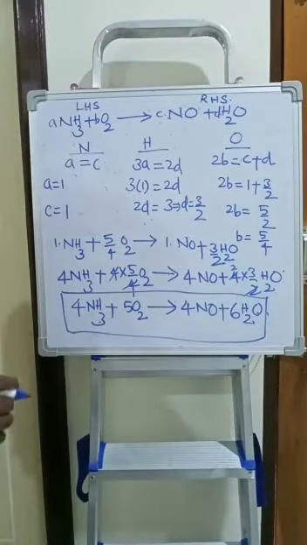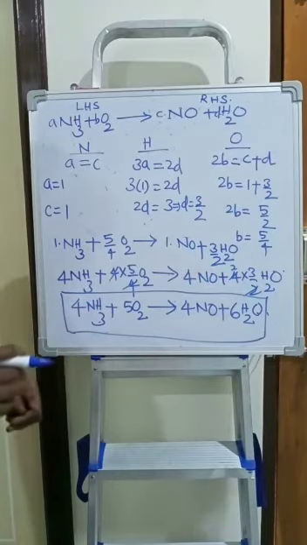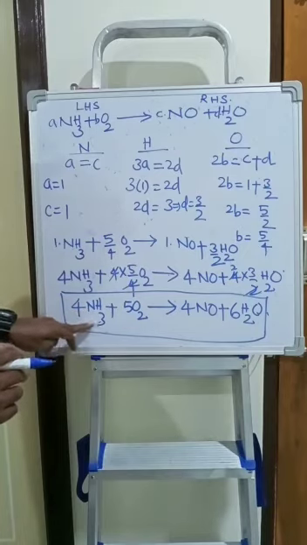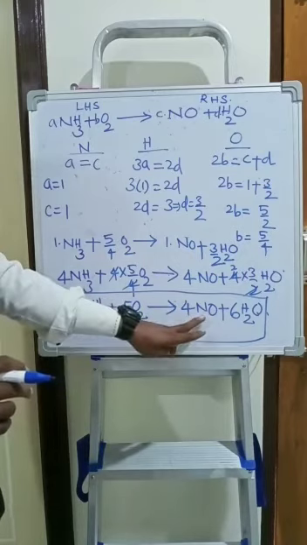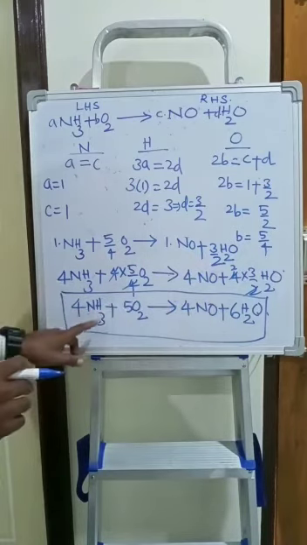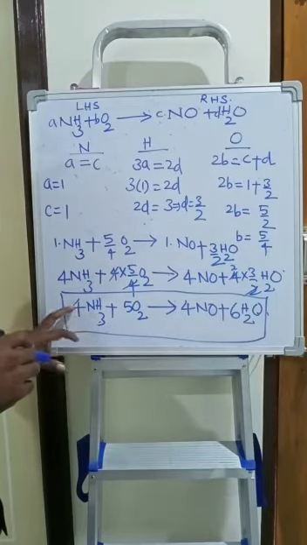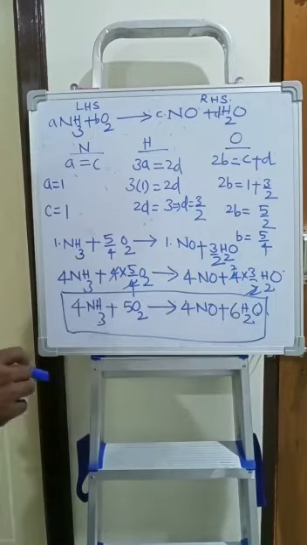Let us verify whether this is balanced or not. The number of atoms of each element should be equal. First nitrogen: 4 nitrogens on the left hand side, and here also 4 nitrogens. LHS is equal to RHS. For hydrogen, 4 threes are 12 hydrogens, and here also 2 sixes are 12 hydrogen atoms.